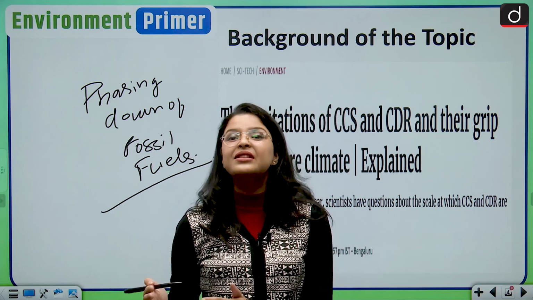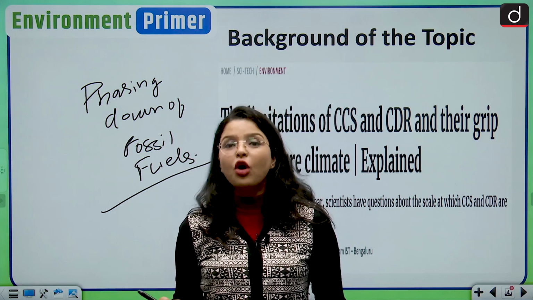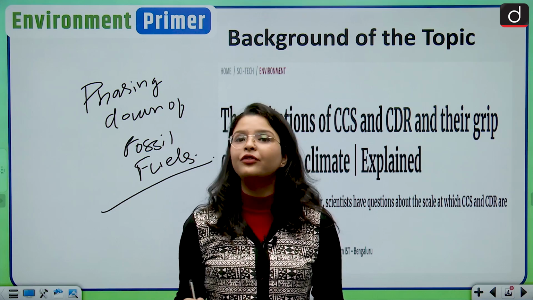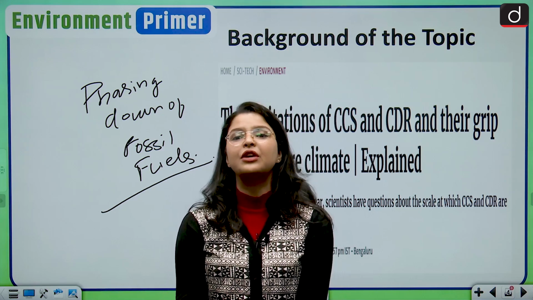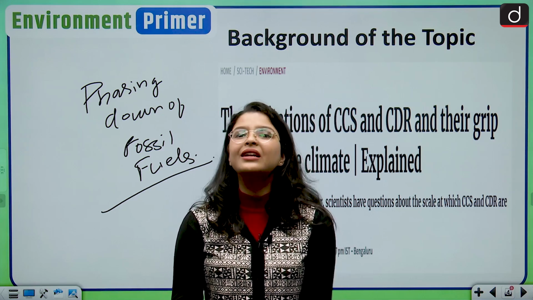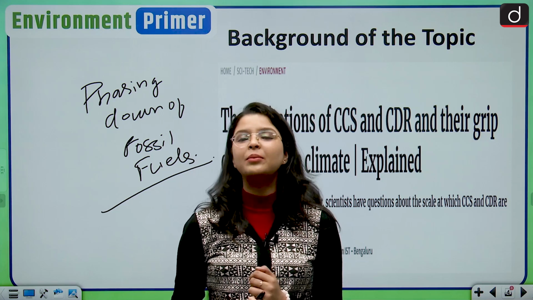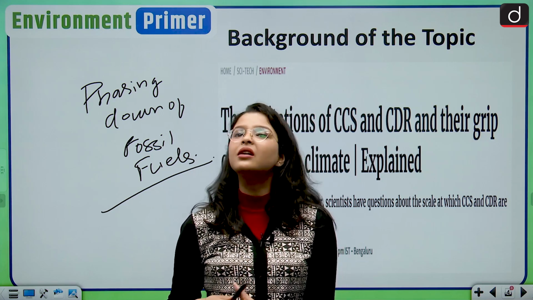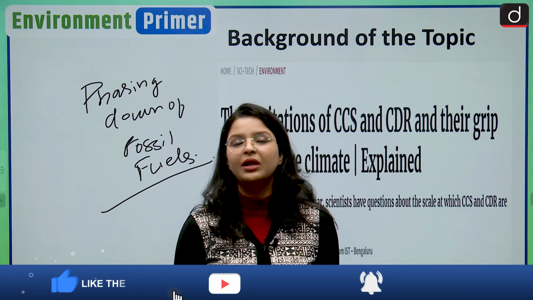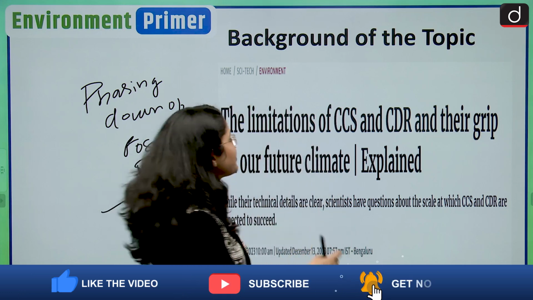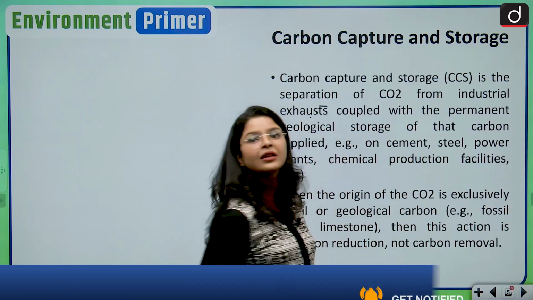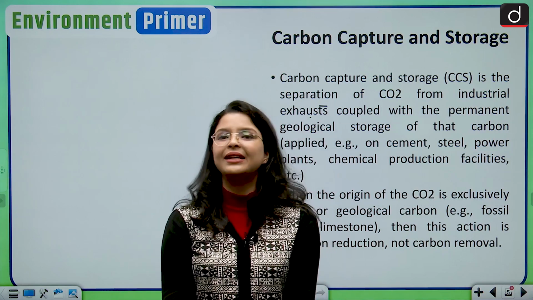They are also trying to figure out how we can reduce the carbon dioxide from the atmosphere. So they are discussing these new techniques, and one of them is carbon capture and storage, and the other is carbon dioxide removal. So let us discuss what this carbon capture and storage technique, talked about at the COP28 this year, is.